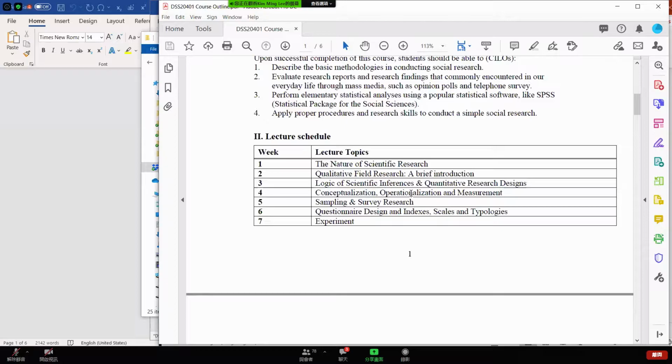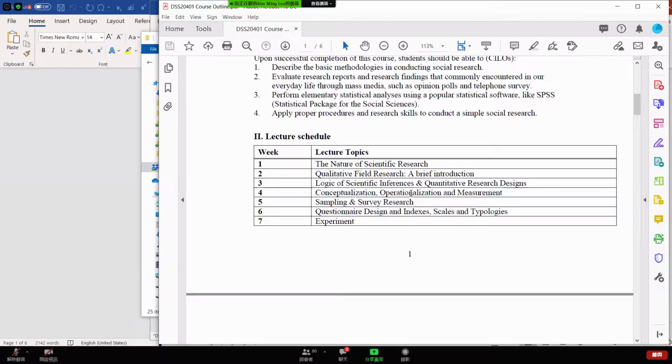Once you know the meaning of political participation, you want to know how to measure it, how to observe it. This is the process of operationalization. That means you transform your concept into some observable characteristic. Once they are observable, you can measure that. So this is the third part, the measurement.